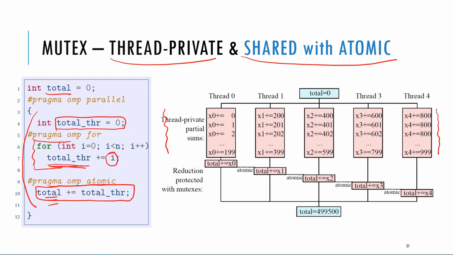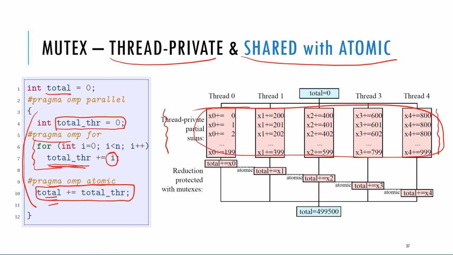So if you have 4 threads or 5 threads like here, and each 200 values are summed up with a different thread, well, all these summations can be done in parallel. Okay, the threads can make good progress really in parallel to compute those partial sums.